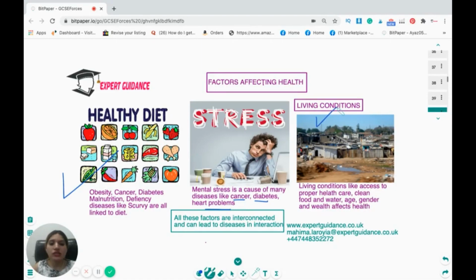Living conditions, like if there's no access to proper health care, clean food and water, age, and gender, all these affect health. Now, all these factors are interconnected, and the disease can be due to an interaction of these factors. So maybe due to work stress, a person is not taking a healthy diet, and is predisposed to many health complications.